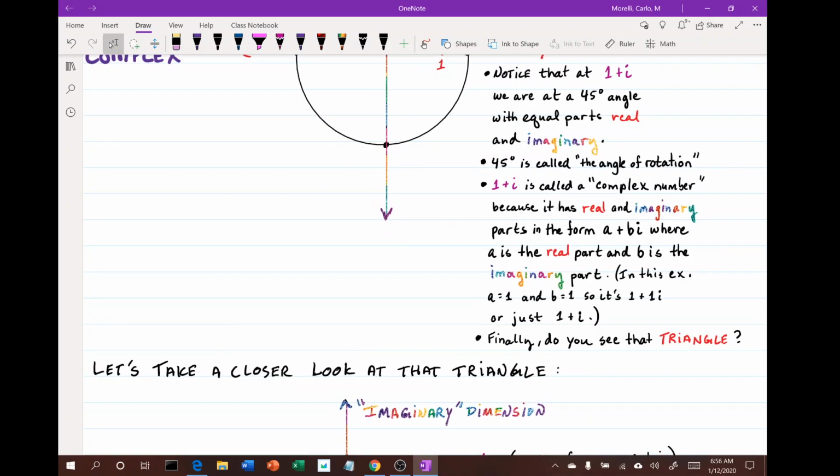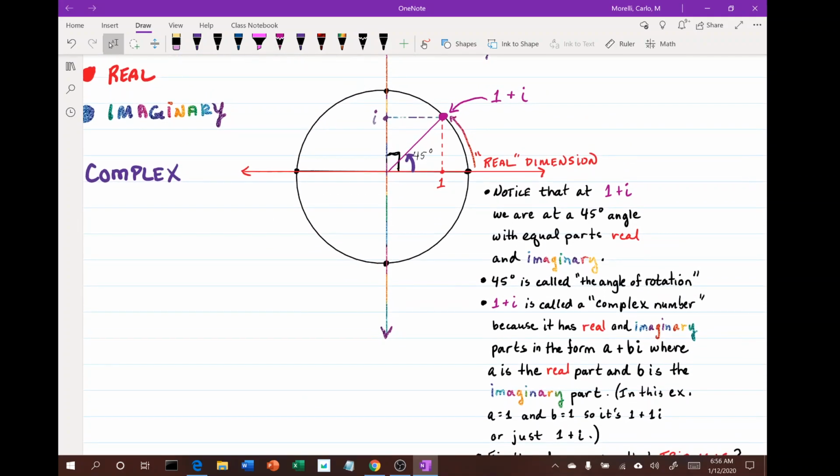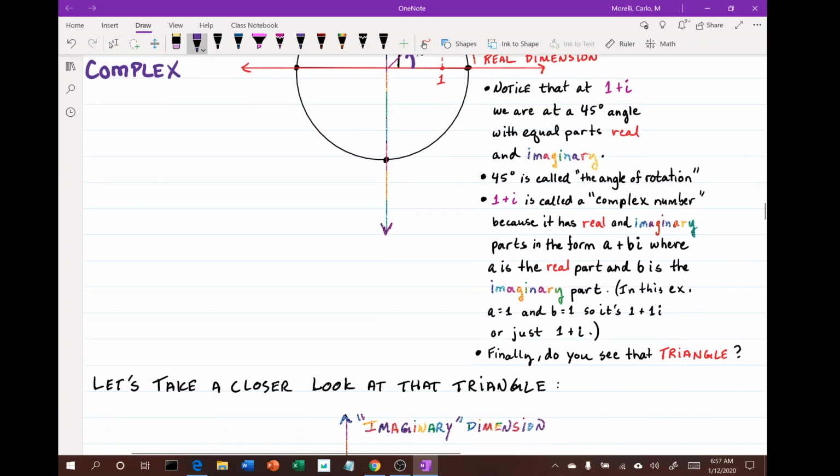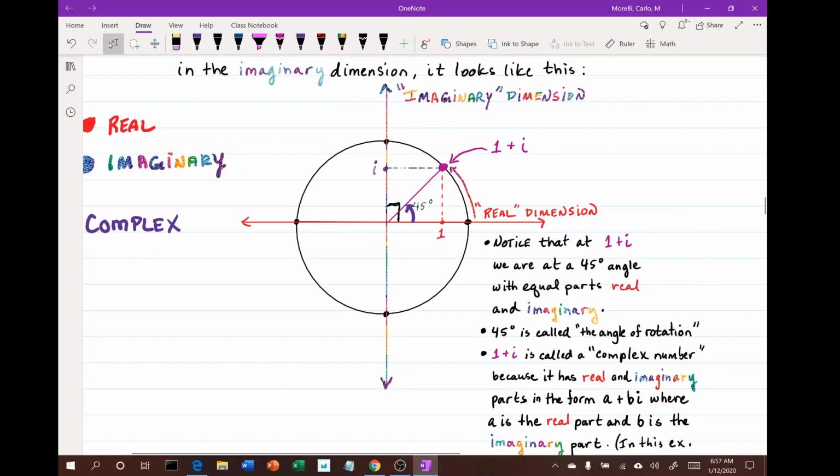Now let's dive back into this. So we were rotating our way into the complex plane here, into the imaginary axis a little bit, halfway there, and we have formed a triangle. Do you see that?